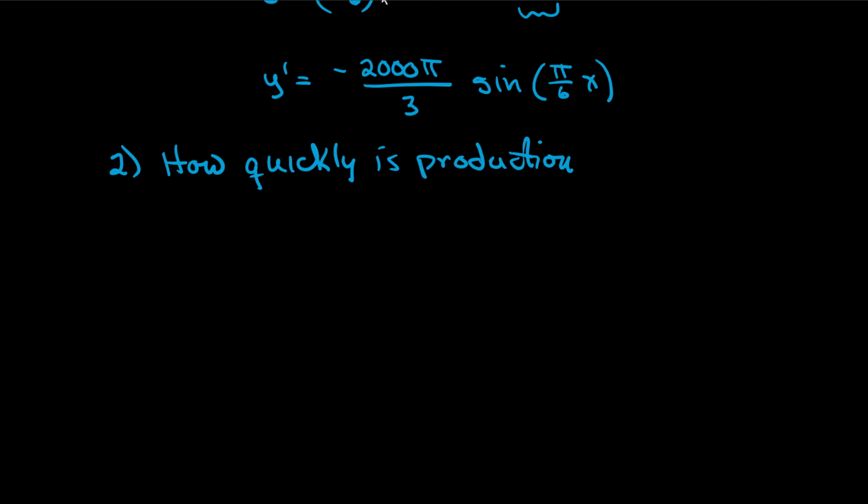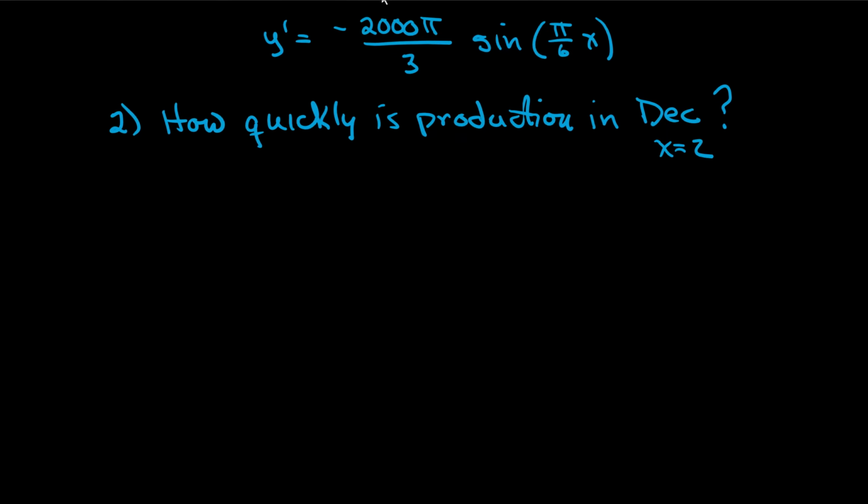If we're talking about how something is changing, that means we want to evaluate the derivative. To do this, we have to determine where December is relative to October. From October to November is 1 month, from November to December is 2. So we're going to use x equals 2, as in we're 2 months later than October.